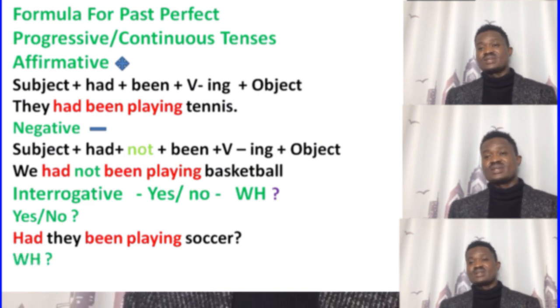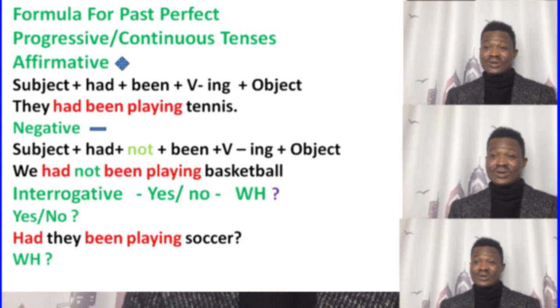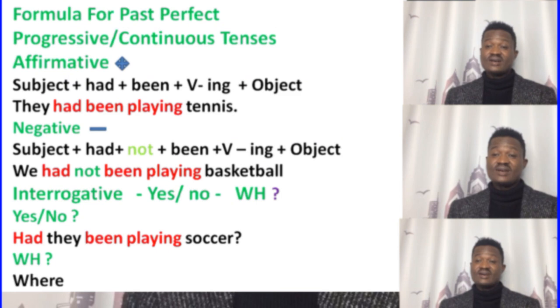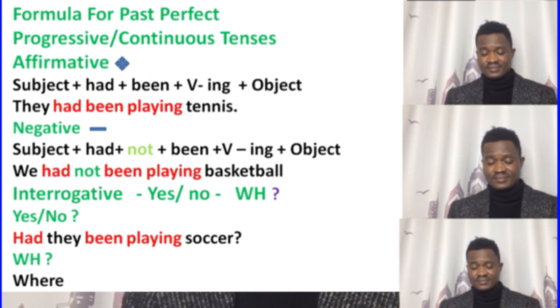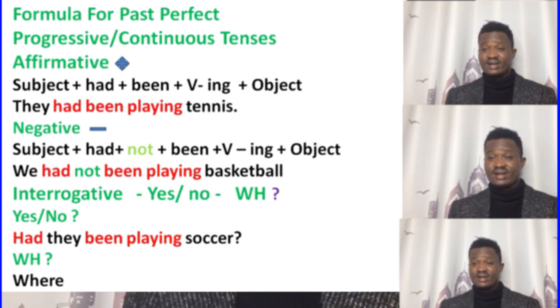WH question, we all know the WH question. All of us know. Where, why, who, these are all WH questions, okay? So for the WH question, we have where. Where comes before the auxiliary verb had. So this is one of the differences, you know.